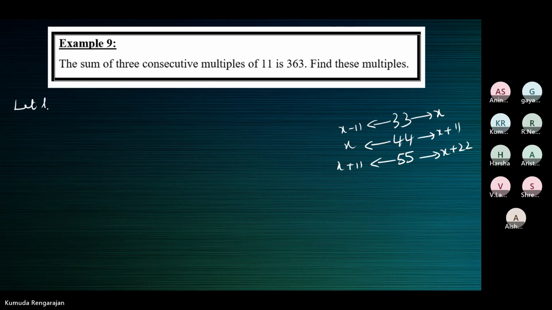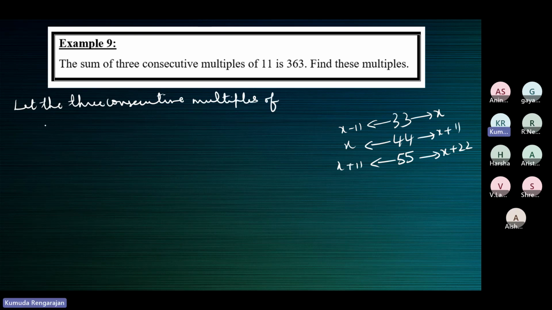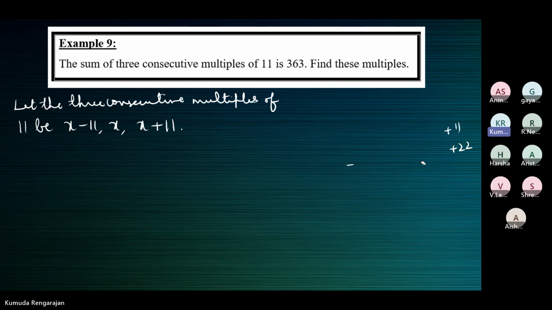Let the three consecutive multiples of 11 be x minus 11, x, and x plus 11. Well, this one, children. See if you're getting the same answer. For the same question, we'll use these three numbers as the consecutive multiples of 11.